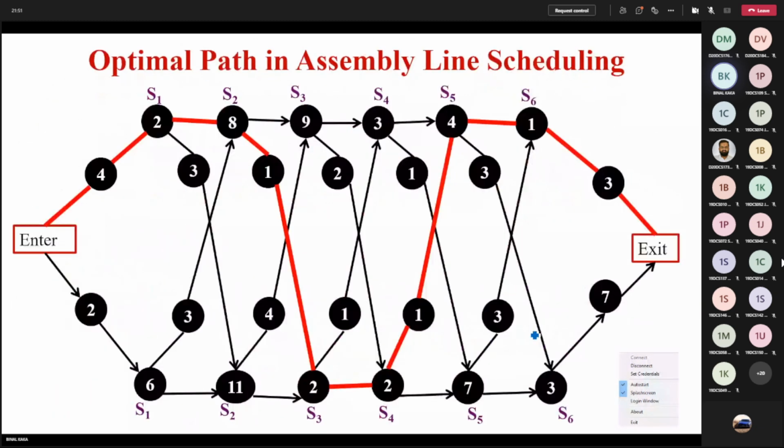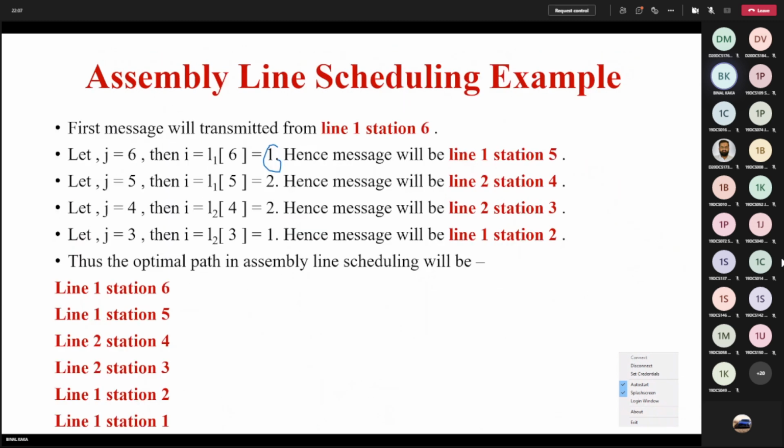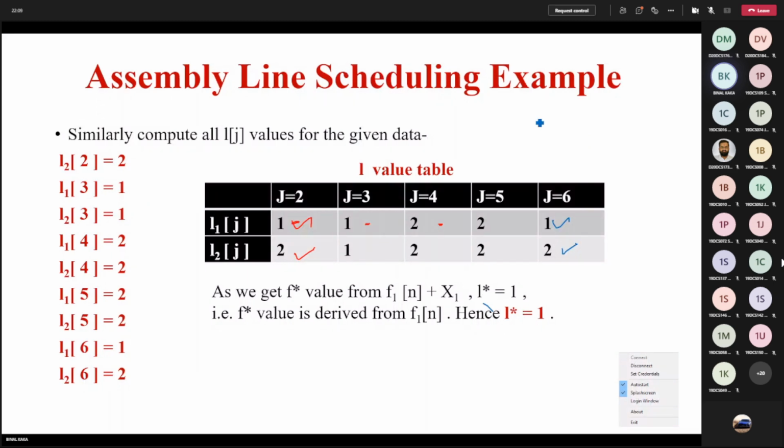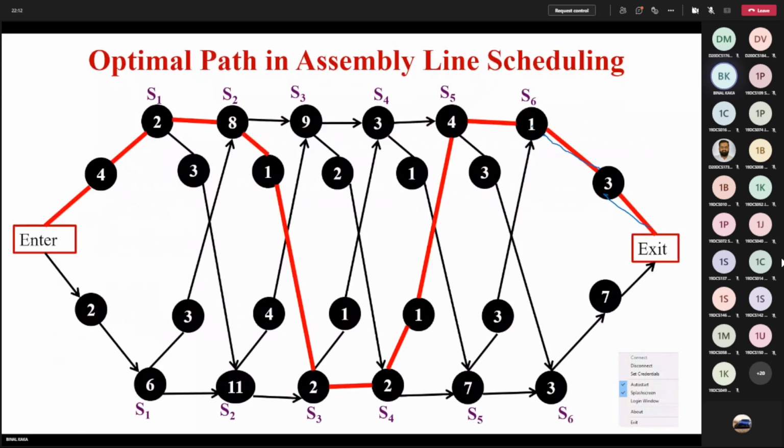So you will see that you went to line 1. Then 2 and 2, j is equal to 6, 2 and 2, right? Now you have to continue or not continue, you have to check that value. So here the weightage is minimum, so you have to go over here. Then in the table you have to look, right? Then you have to check for the next, so it continues, right? Then you have to check that the cost for this is minimum, so you have to go for this, then this, and then this.